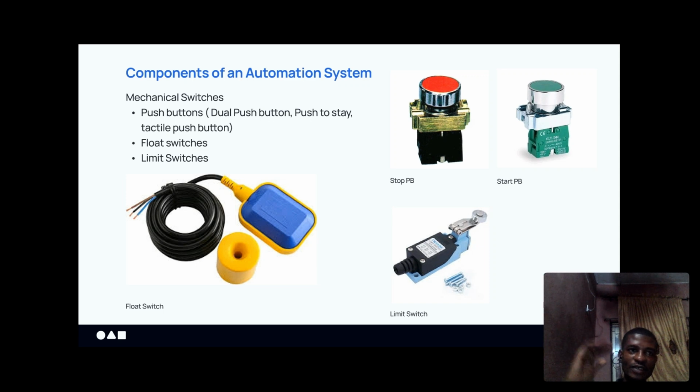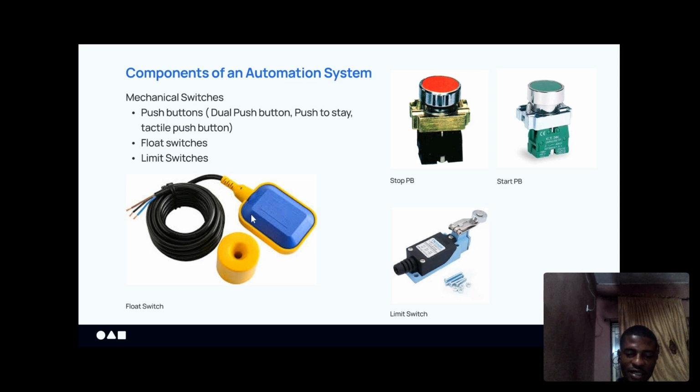So once your tank is full, the pumping machine cuts off immediately. Once the tank level comes down, the pumping machine starts again. So this is the device that will enable us to achieve that automation at a specific water level. The water starts pumping, and at another level, it stops pumping.